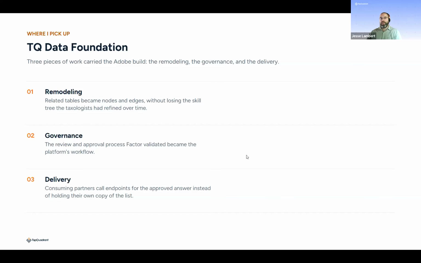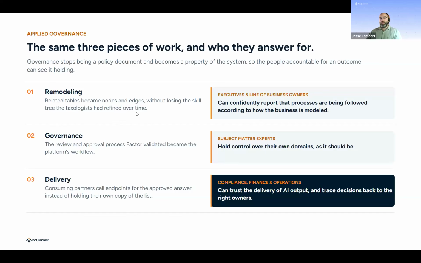That's basically what we came in to do. Another way of saying remodeling, governance, and delivery is confidence, ownership, and trust. Not exactly one-to-one, but ultimately, as you build up that pipeline, what we're shooting for is someone on the other side to be able to trust what they were getting fed, whether that was some sort of direct pipeline or an AI-based pipeline.